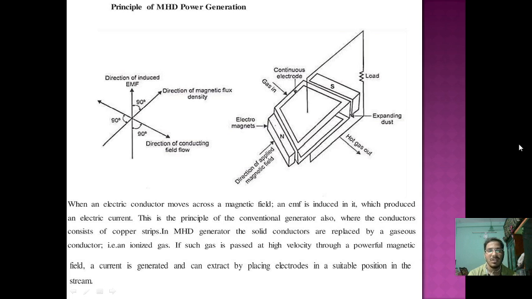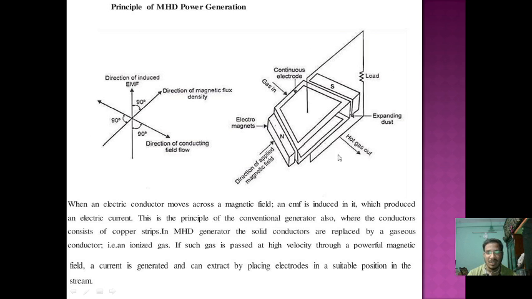You know that the EMF, electromotive force, direction is at 90 degrees to the magnetic flux density, and the direction of the conducting fluid flow is in another direction, and the EMF is induced in the vertical direction. Okay, these are the three directions we are considering here.